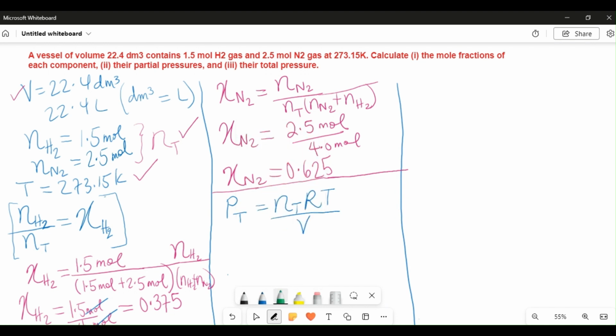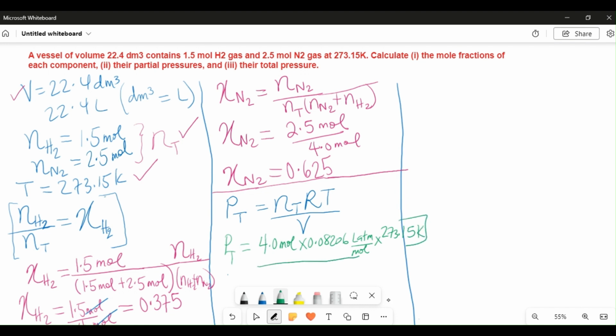Let's pick a different color. Let's do green. So PT is going to equal the total number of moles, 1.5 plus 2.5, so that's 4.0 mole, times 0.08206 liters atm divided by mole Kelvin, times the temperature, which has to be 273.15 Kelvin.